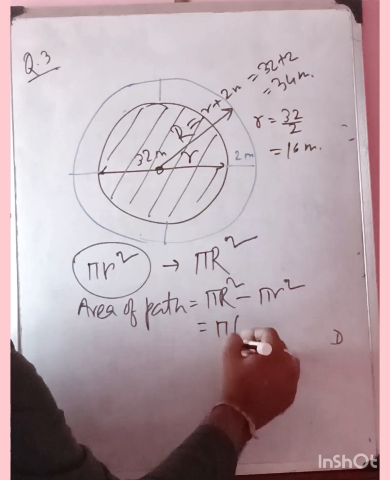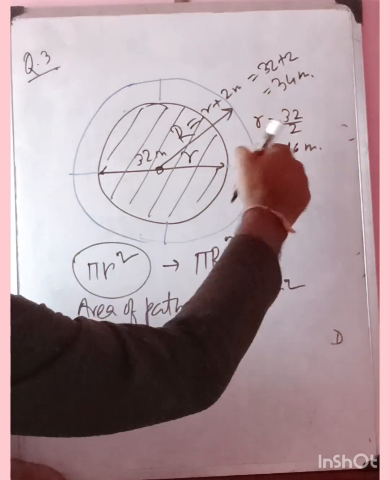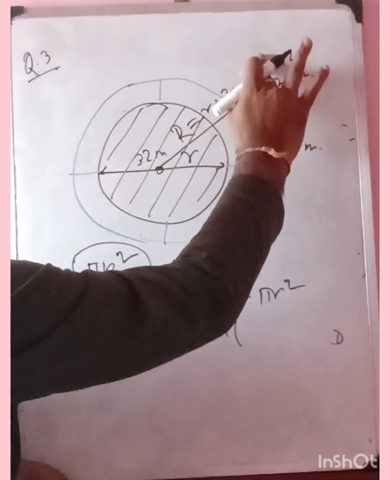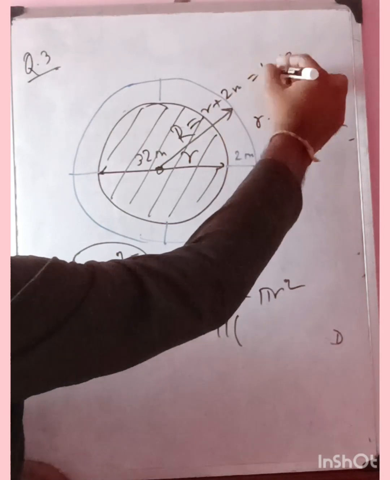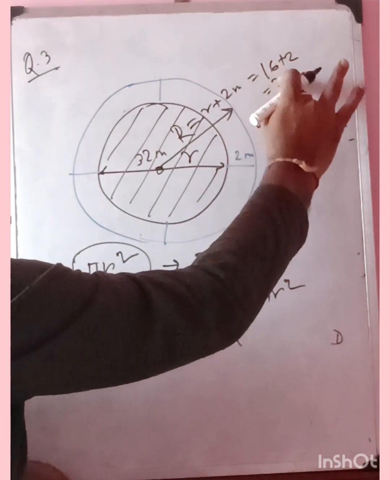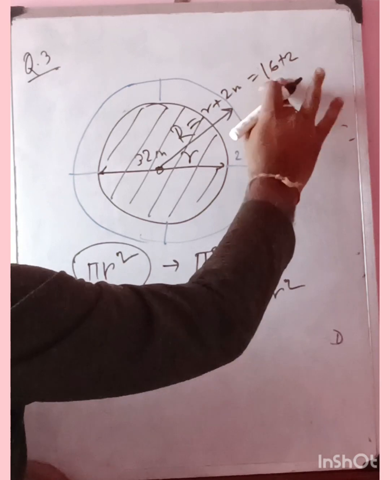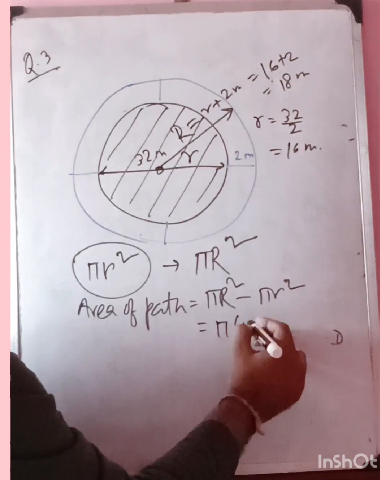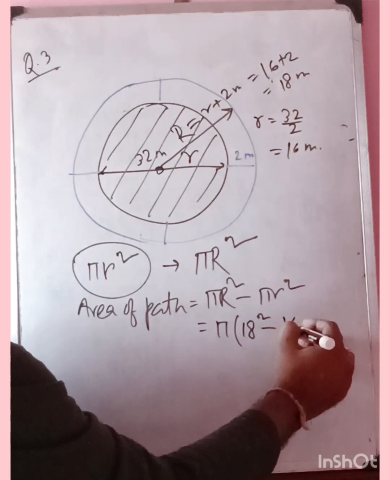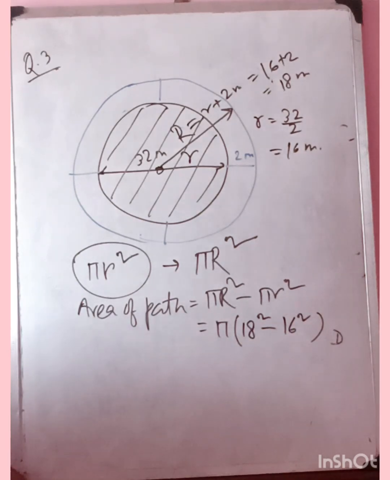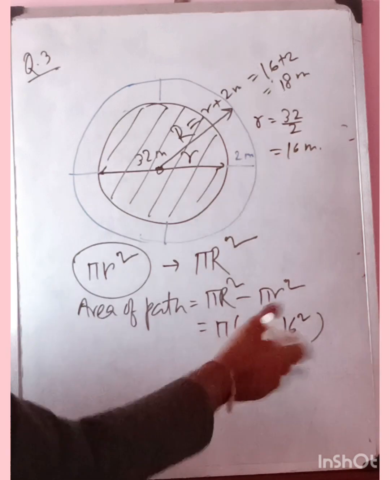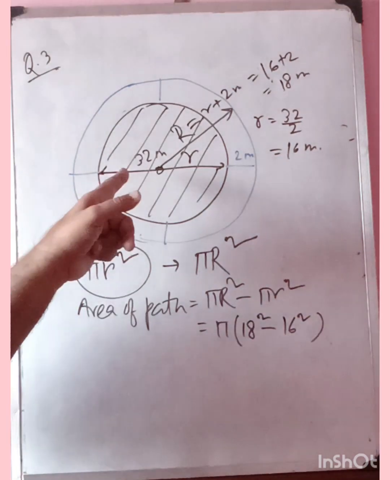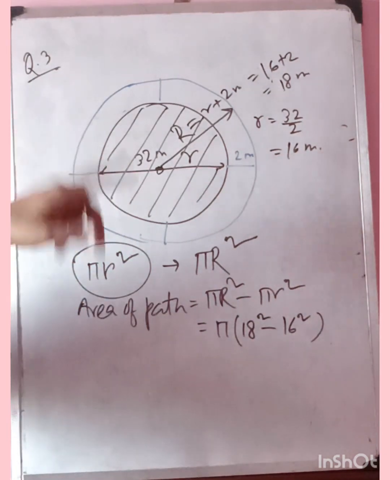Here R is 16 plus 2, 18 meter. So it is pi times 18 square minus 16 square. Okay. Just compute this.